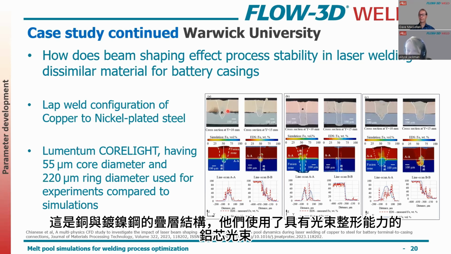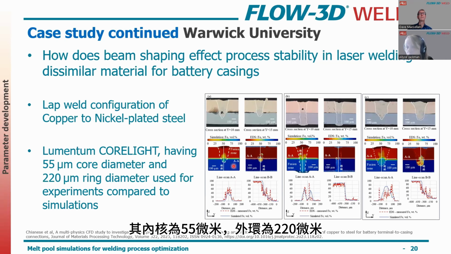This is a lap configuration of copper to a nickel plated steel. And they used a Lumentum CoreLight beam that had a beam shaping ability to it. So they had an inner core of 55 micron and an outer ring of 220 micron. And so you can see throughout these different comparisons here.